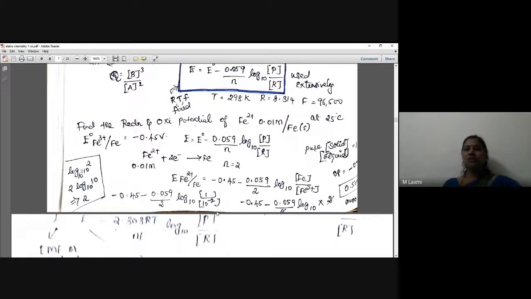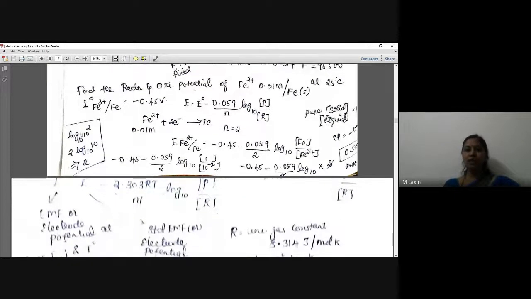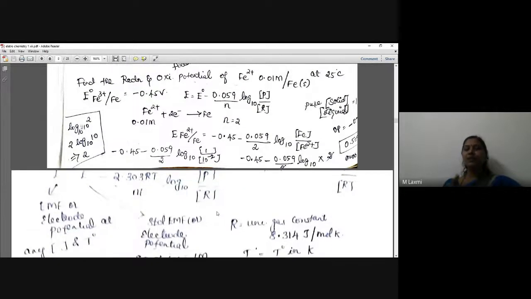Now, based on this, we solved a few numericals. Here, if a pure solid is given, then you have to take its concentration as 1, which we have studied in class 11 states of matter. While representing Kc and Kp, for a pure solid the concentration is taken as unity.